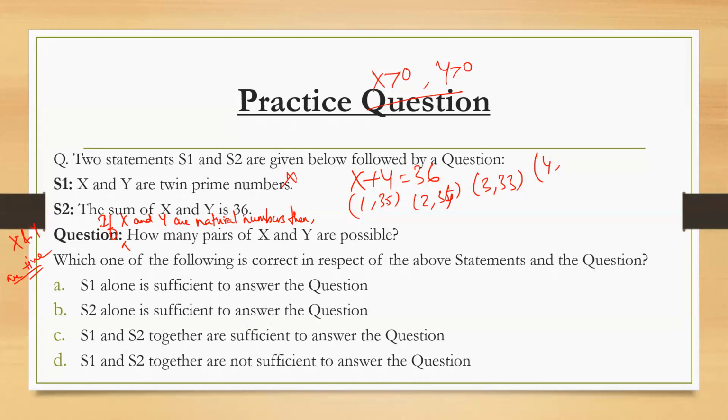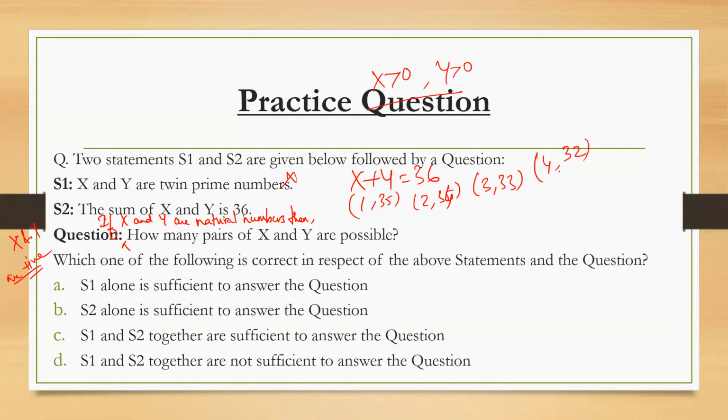Then 1 plus 35 is 36. Similarly, another possible pair is x equal to 2, y equal to 34. Again, their sum is 36. Similarly, 3 and 33 is one such pair. That is x is 3, y is 33, sum 36.